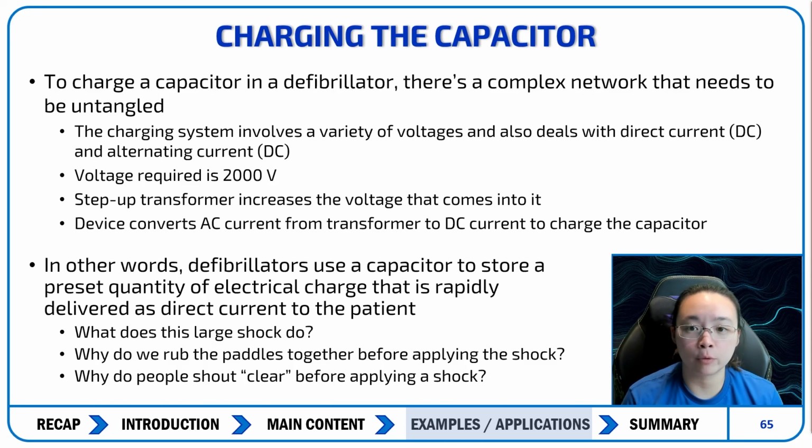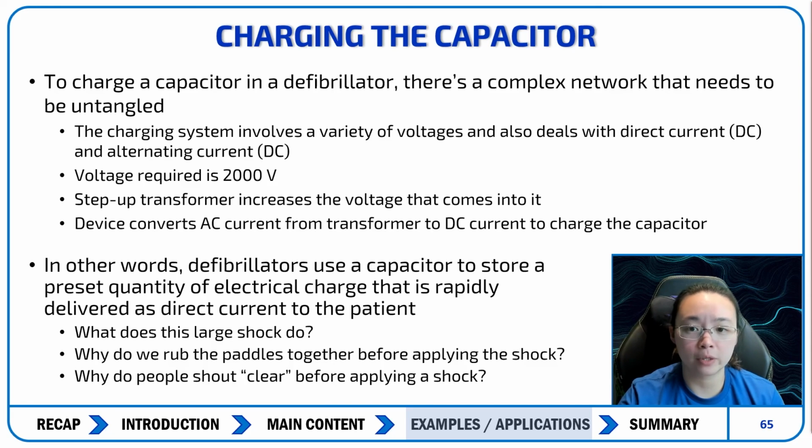And a step-up transformer is going to increase the voltage that comes into it. So the device is going to convert an AC current from the transformer to a DC current, which is then delivered to the capacitor for charging and then delivered to the patient to give them that electric shock.